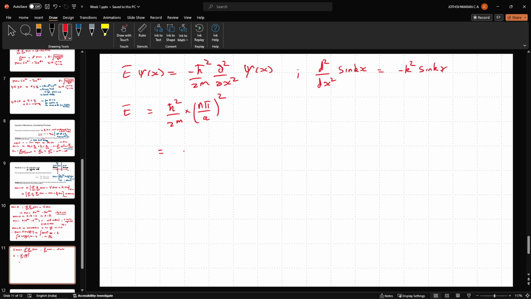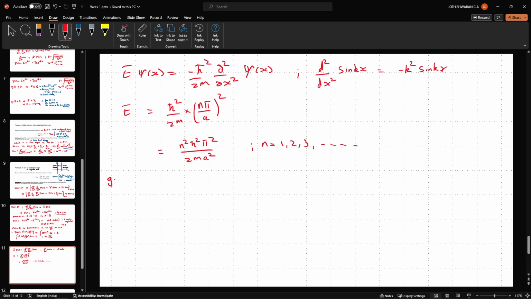We can further write this as n squared h bar squared pi squared upon 2m a squared. This is typically the standard formula that is written. For the ground state, of course, here we have to say that n is equal to 1, 2, 3 and so on.